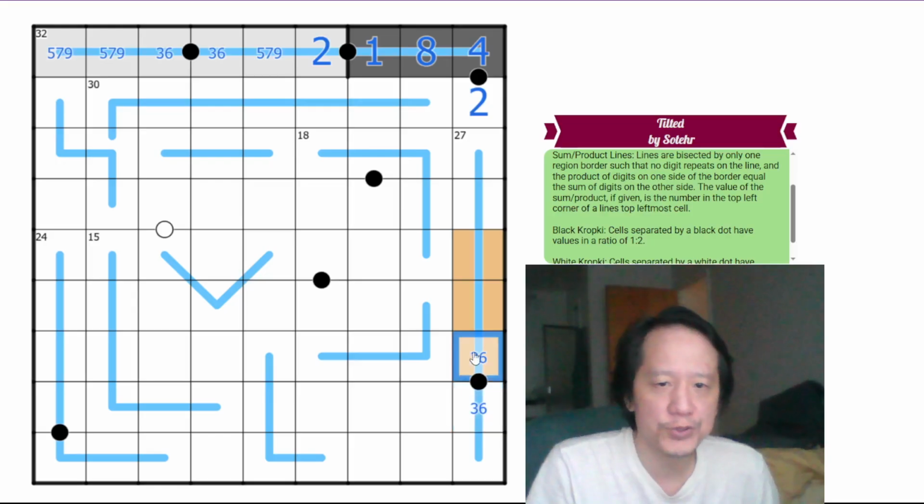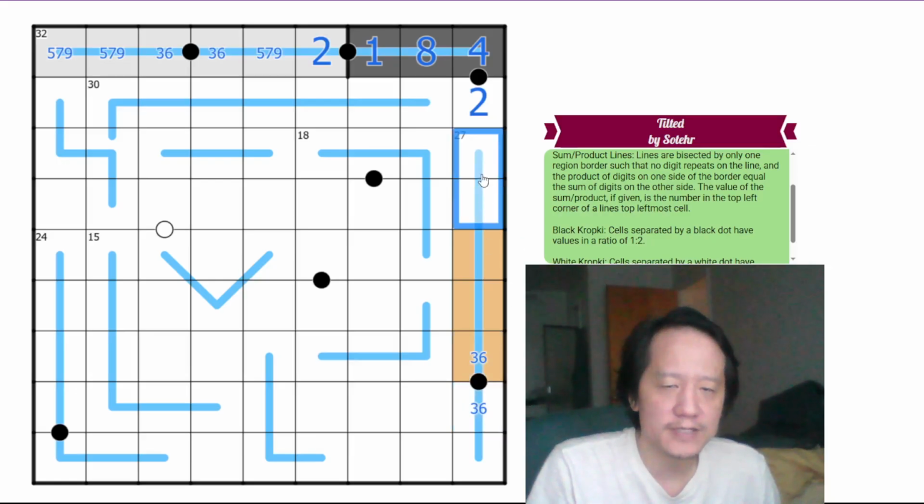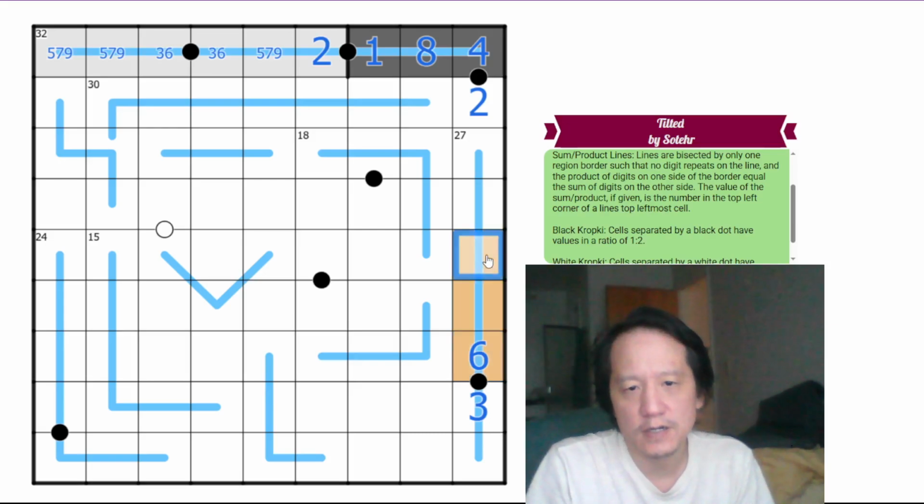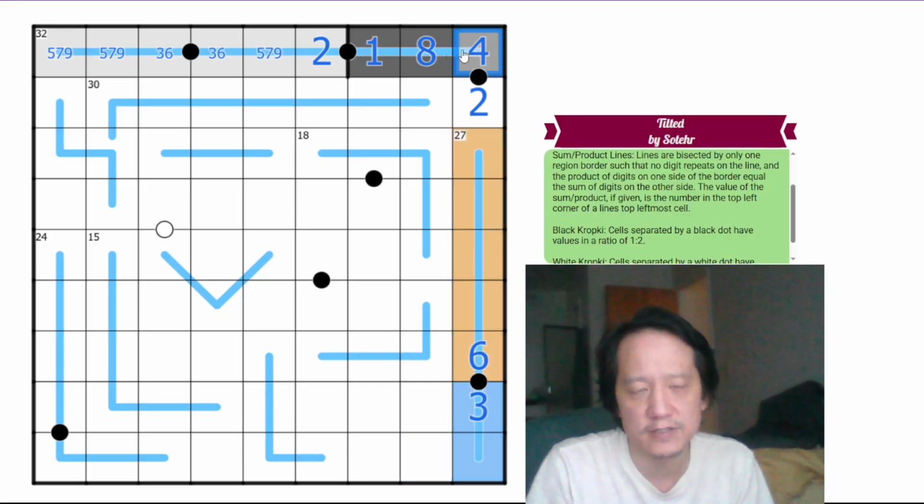And we know 3 and 9 have to be on one side of the border. And this can't be 3, 9 then, because of the 3, 6 pair in this area. So this must be 3 and that's 6. Therefore, this is all the same region, and this is a separate region. But this could be the same as this region, even. This is 3 and 9. This is a region border.